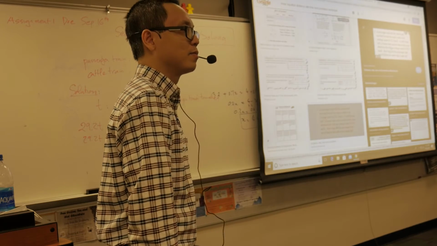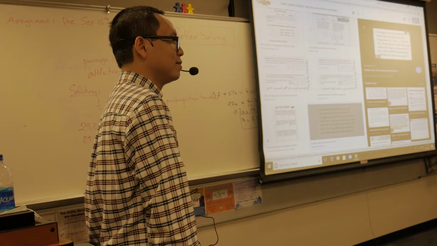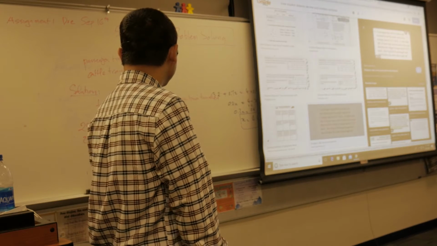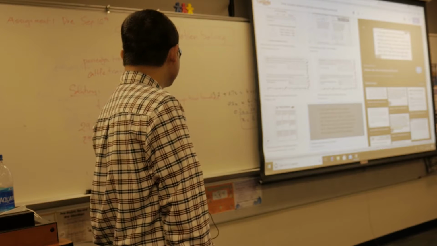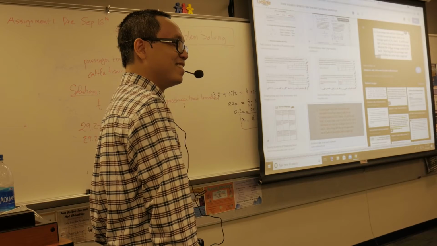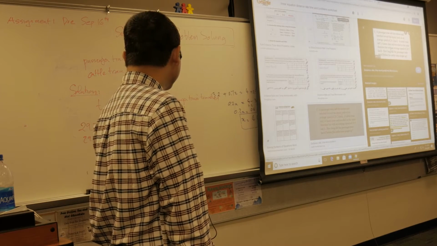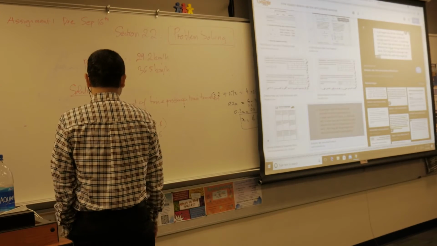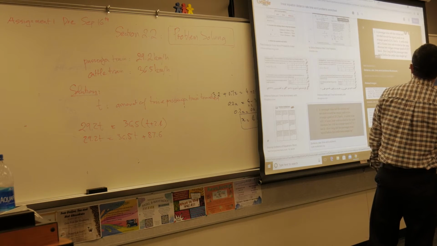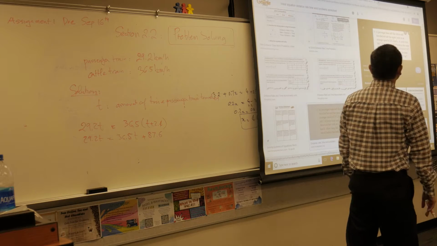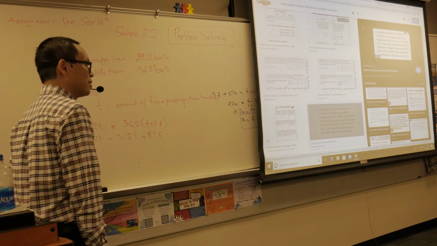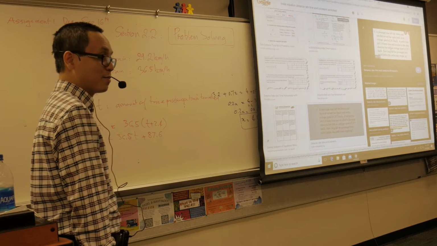So we set something up wrong, right? Look at that: 29.2, 36.5, 2.4 hours later. That is where we got it wrong.